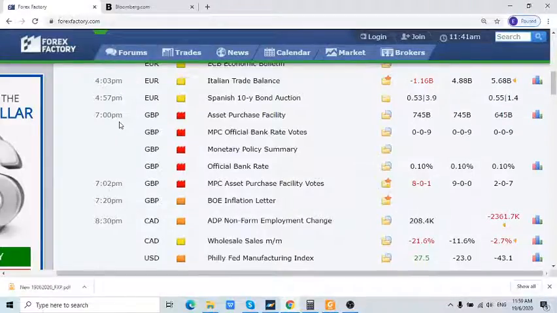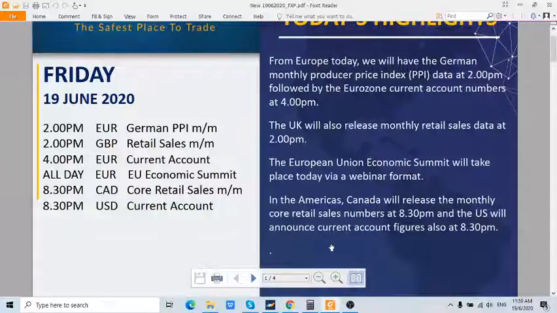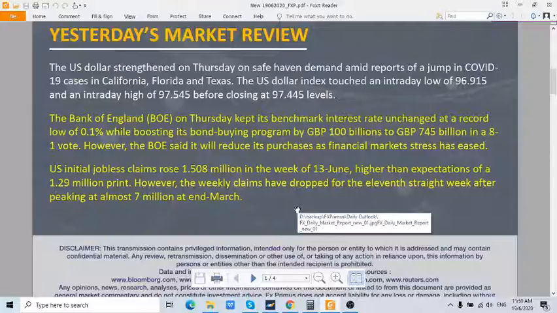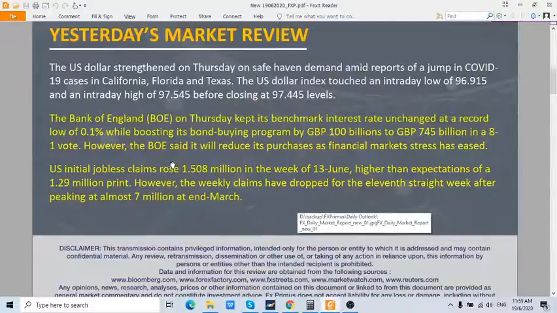So at 7 p.m. on Thursday, we see here the monetary policy summary and also the asset purchase facility. The main event, of course, was that the Bank of England maintained their benchmark interest rates at 0.1%, but more importantly, they announced that they will be increasing their bond buying program by 100 billion UK pounds, from 100 billion UK pounds to 745 billion UK pounds.